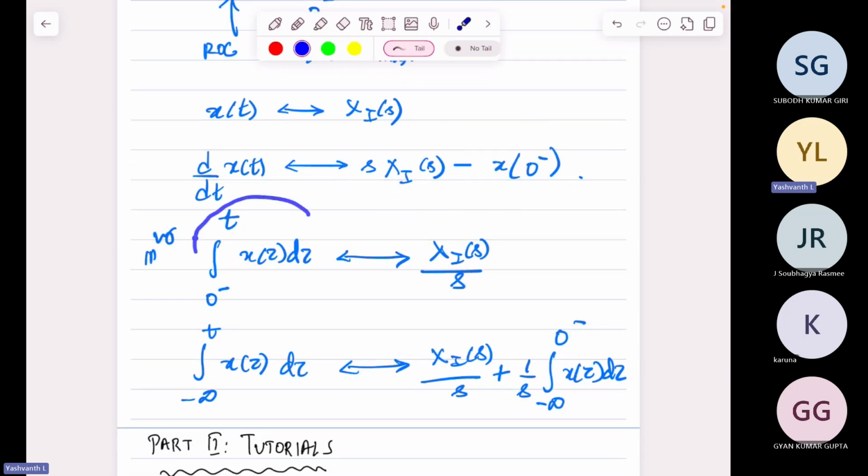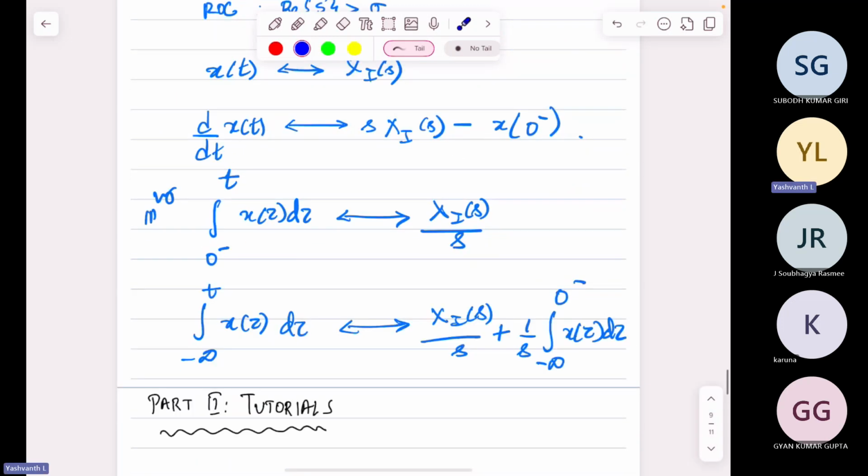Similarly, for the integration property also, the unilateral Laplace transform of the integral of x of tau will have X1 of s divided by s. And similarly, if you integrate from minus infinity to t, then you will also add the extra term that incurs apart from X1 of s by s.